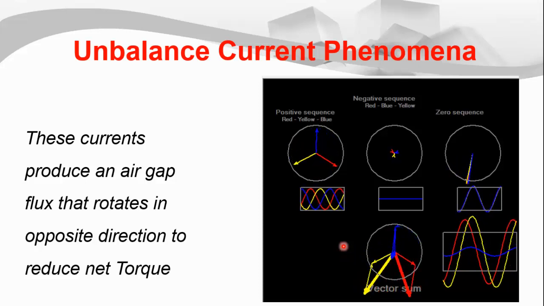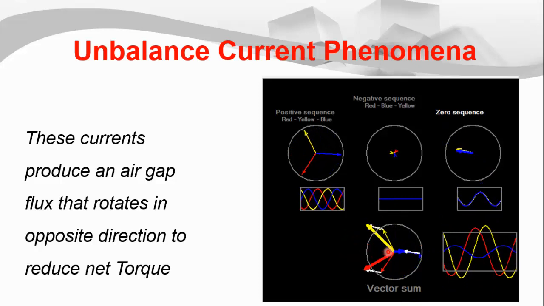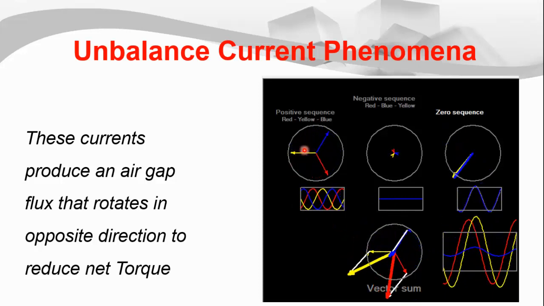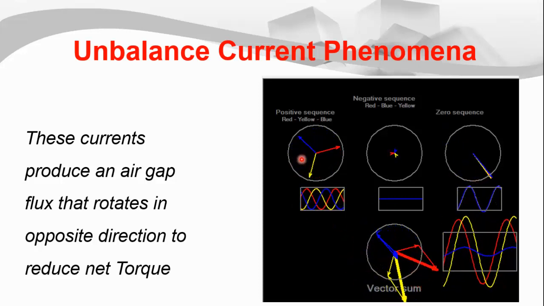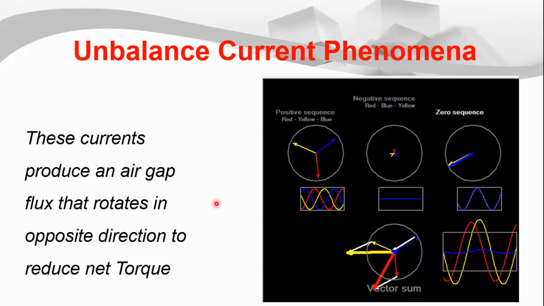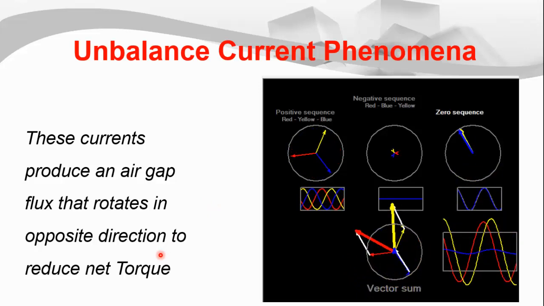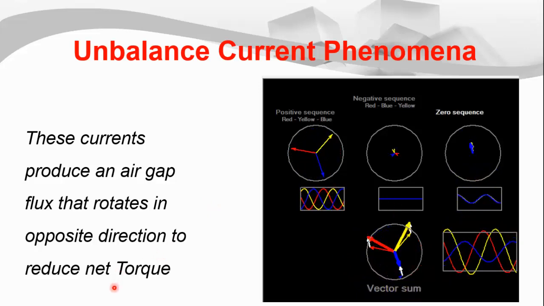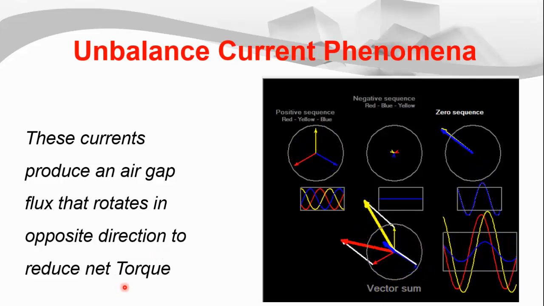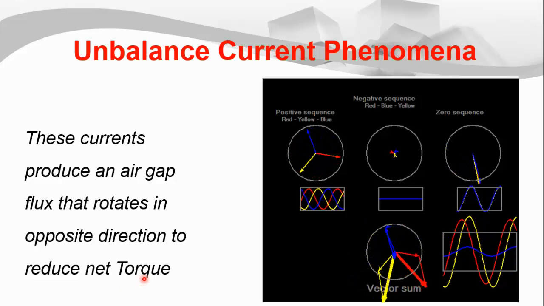Because of this, the flux produced by the negative sequence currents will be opposite to the flux produced by the positive sequence current and will ultimately result in an overall reduction in the net torque of the machine. And since the net torque is reduced, the useful work done by the motor will also reduce.